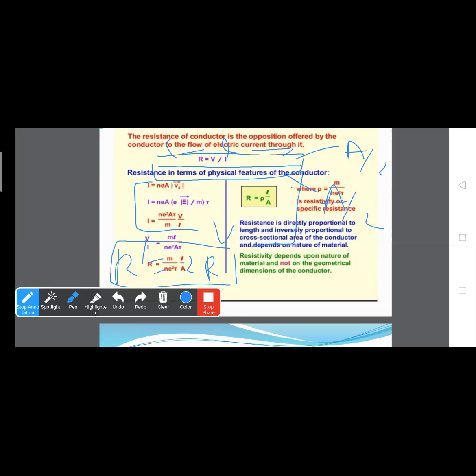Length is directly proportional to resistance, so on increasing the length of the conductor, resistance increases, and on decreasing the length, resistance decreases. I think this point is clear to you, right?